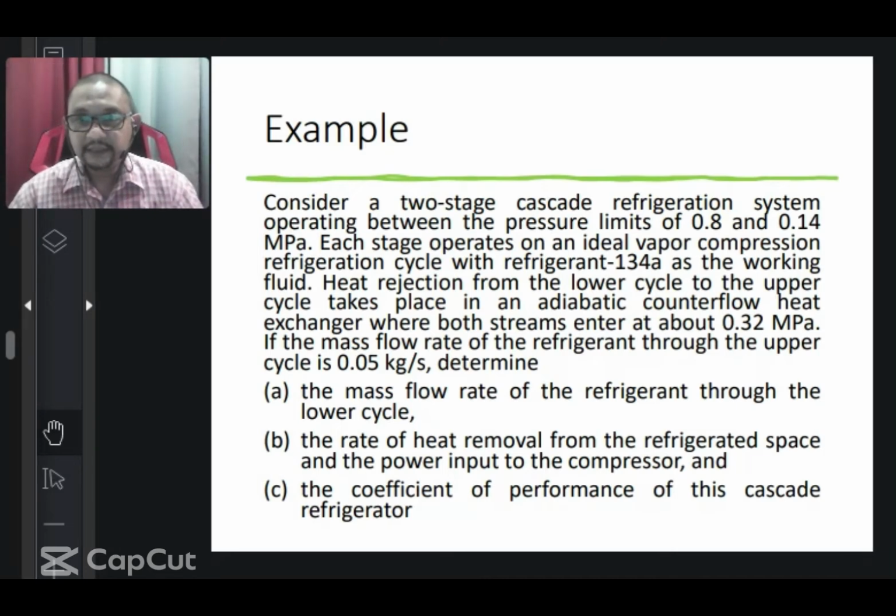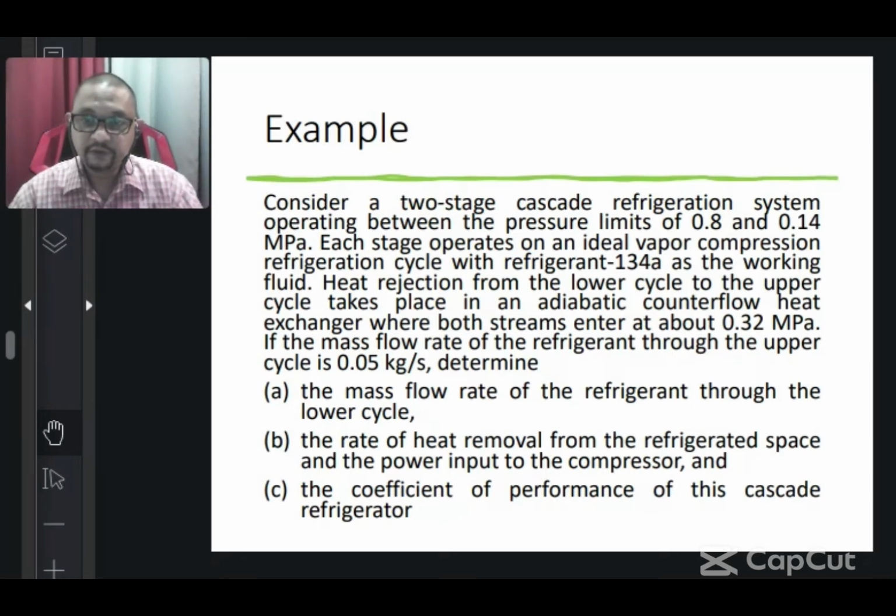Heat rejection from the lower cycle to the upper cycle takes place in an adiabatic counterflow heat exchanger, where both streams enter at about 0.32 megapascal.